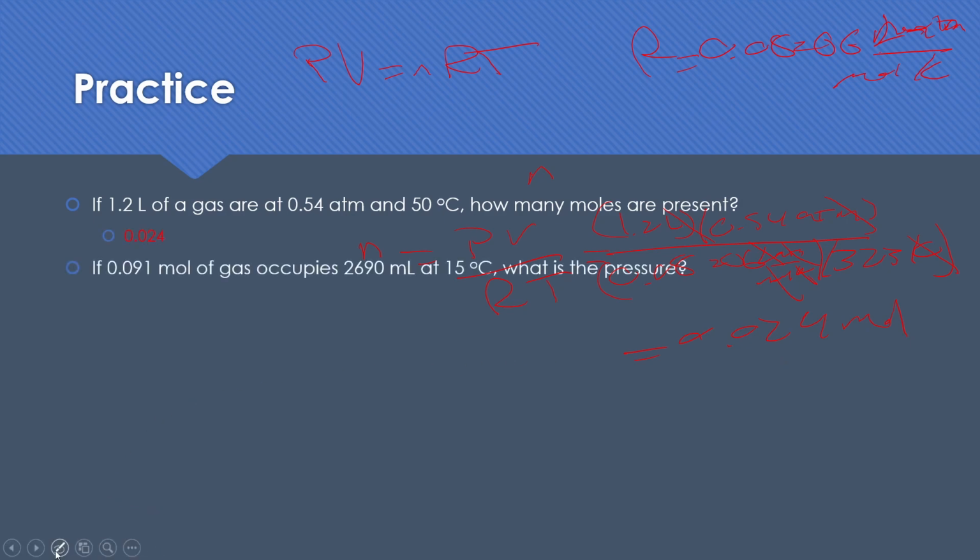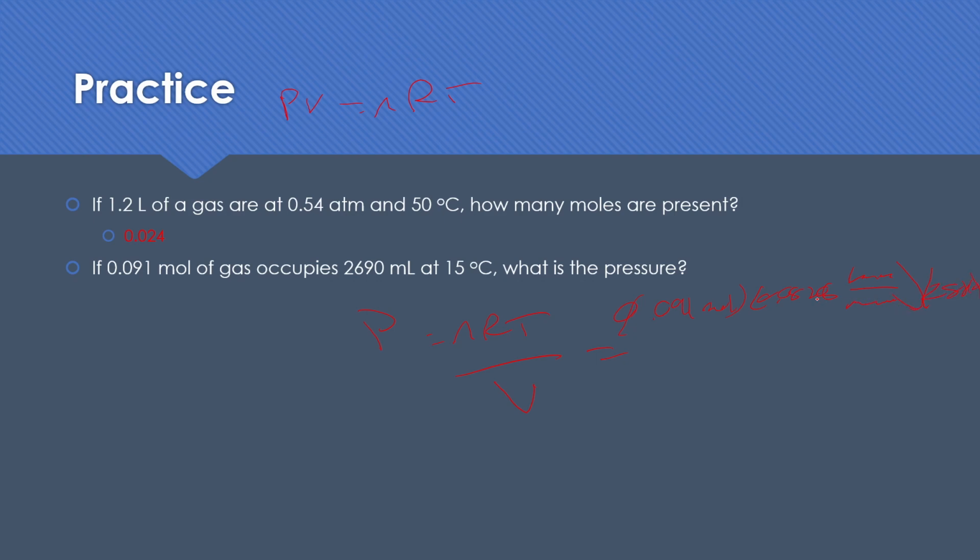If 0.91 moles of a gas occupies 2690 milliliters at 15 degrees Celsius, what's the pressure? All right, so we're solving for pressure. Pressure is equal to nRT over V. So 0.91 moles times 0.08206 liter atmospheres per mole Kelvin times the temperature of 288.